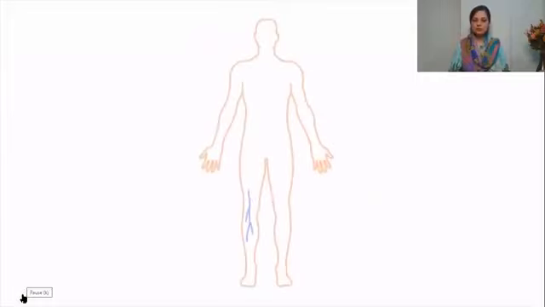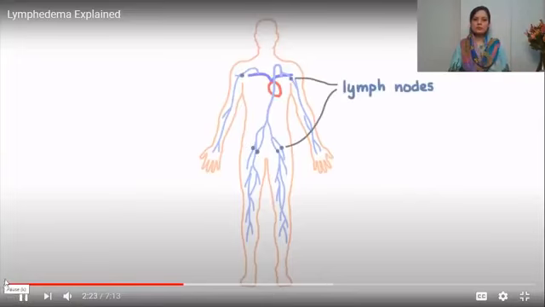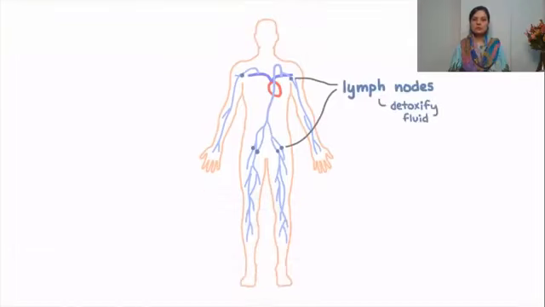The capillaries join together into larger lymphatic vessels, and those vessels merge into even bigger ones until ultimately they return the lymphatic fluid to the circulatory system in the large veins near your heart. Now, along the way back to the circulatory system, the fluid passes through lymph nodes, which detoxify that fluid, helping your body to eliminate the toxins, bacteria, and pathogens that might be contained in this fluid, which accumulate in the tissues.